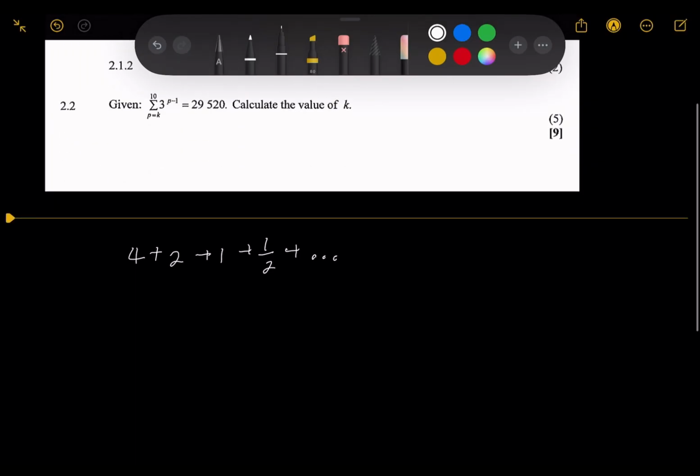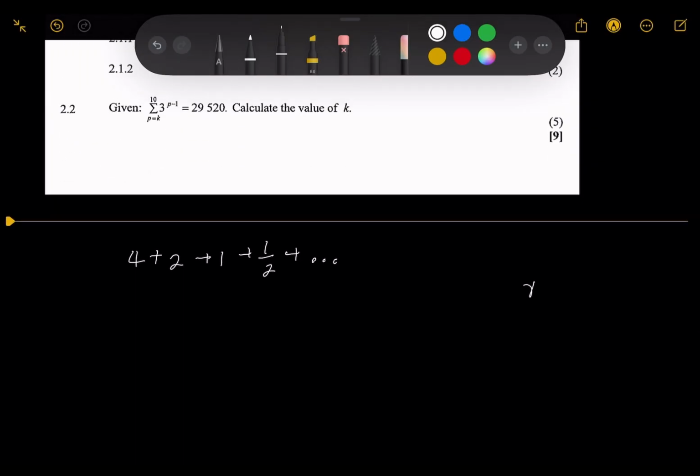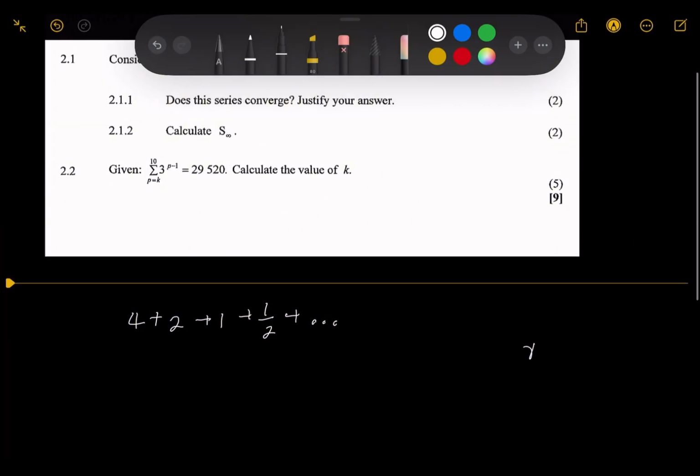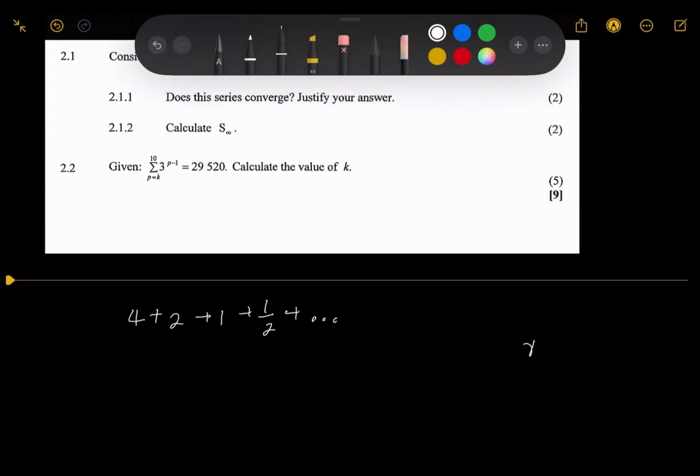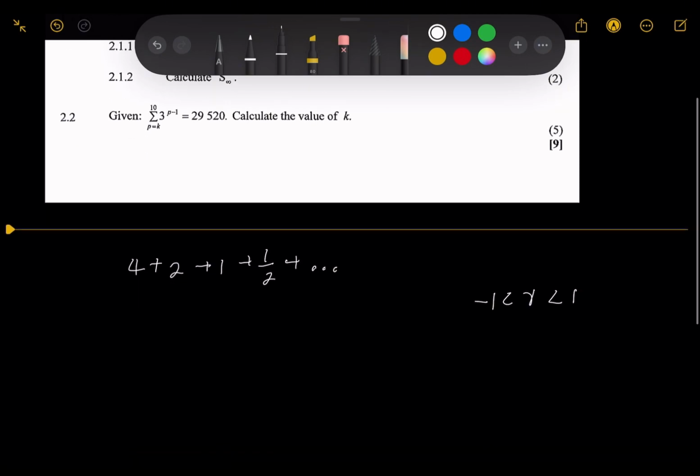We know this by the R value, which is the ratio. This ratio must be between 1 and -1. Okay, and how do we get this R? The R is actually equal to T2 over T1.